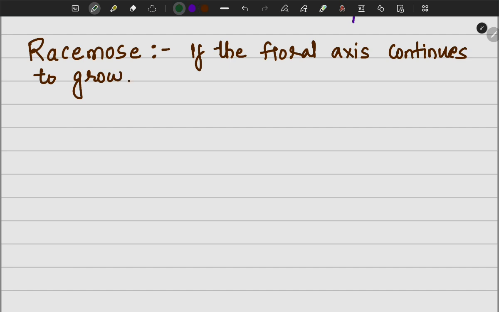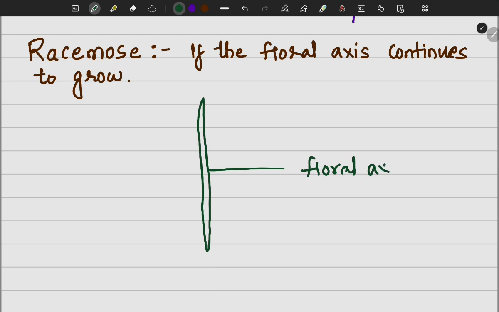So let us understand with the help of a diagram. If this is a floral axis, the floral axis is also called a peduncle. Please remember, it's an important term.